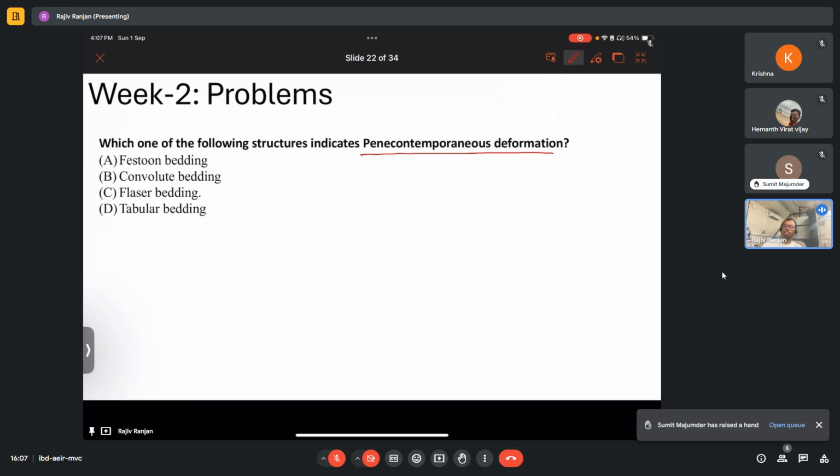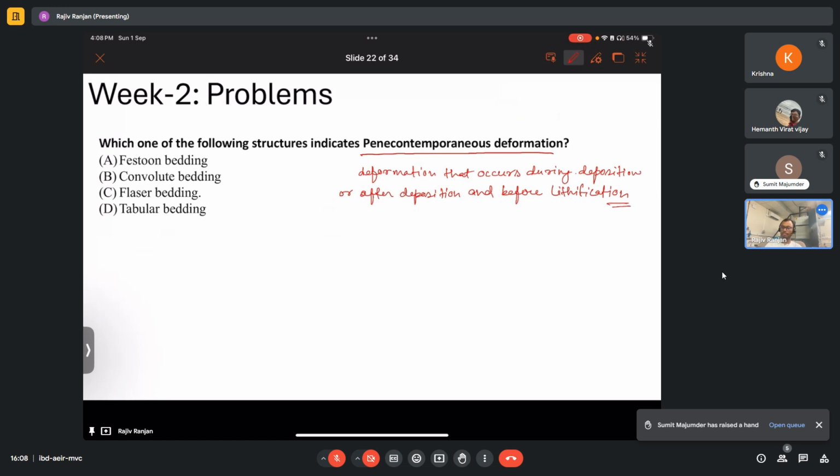Penecontemporaneous deformation means deformation that occurs during deposition or after deposition and before lithification. So these are known as penecontemporaneous deformation.